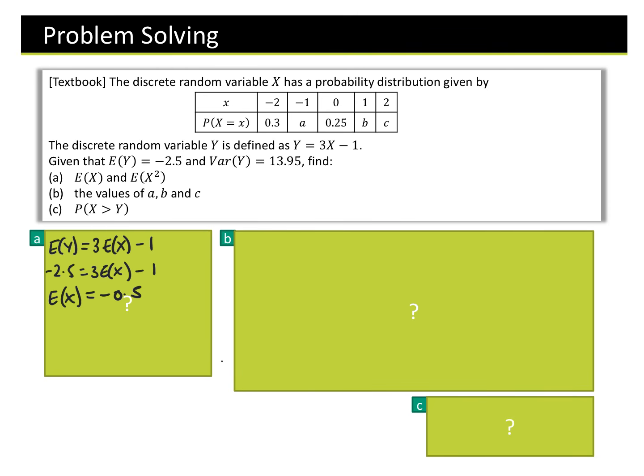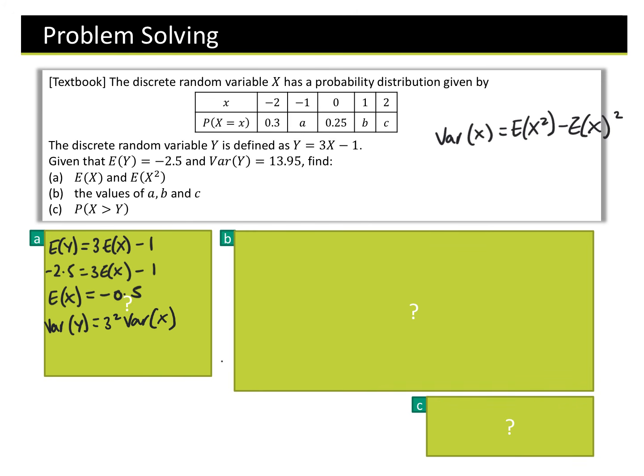Now, how do I find my expected value of x squared? We know the variance of x equals our expected value of x squared minus our expected value of x all squared. So what I need to do is find the variance here, and because it's told us the variance of y, then rearrange and find the answer. So I know my variance of y. So this is going to equal 3 squared lots of our variance of x.